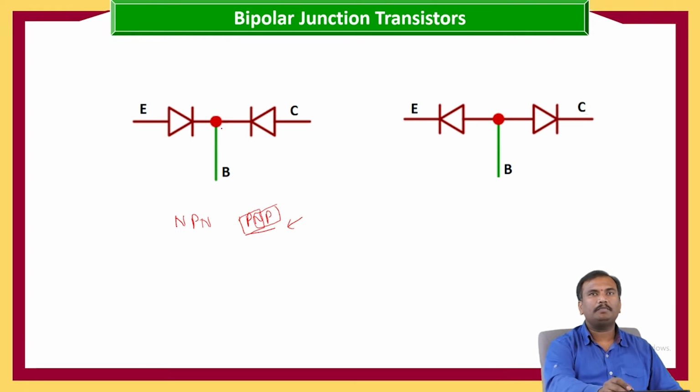Whatever the joining point is nothing but the base, and the starting point is emitter, and the ending point is collector. And if you go with NPN transistor, these two will be diodes, direction will be reverse. Both the anodes of the two diodes are connected, and cathodes will be open to the circuit.